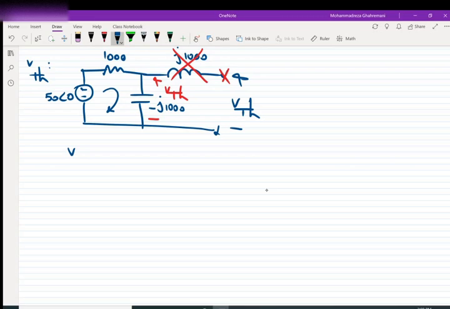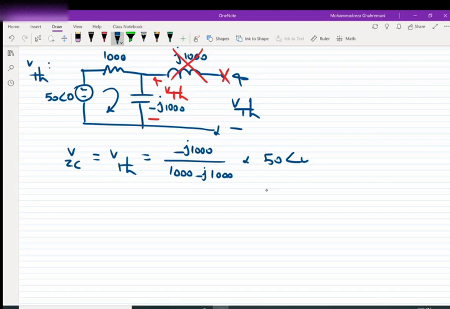The voltage across the capacitor, which is the Thevenin voltage, is equal to the impedance of the capacitor over the total impedance, negative J 1000 over 1000 minus J 1000, times the total voltage, which is equal to 35.35 with the angle of negative 45 degrees.